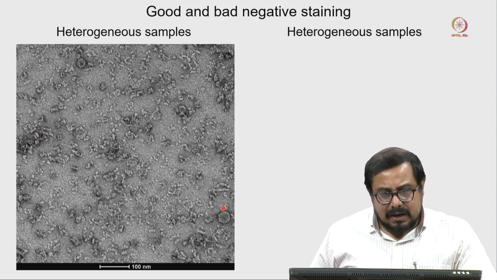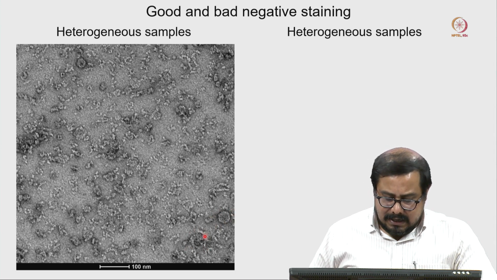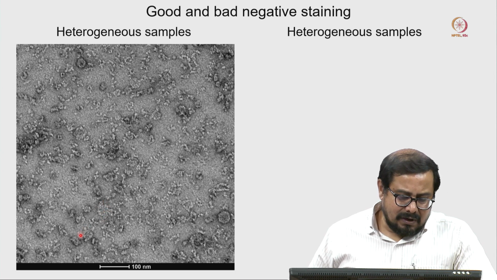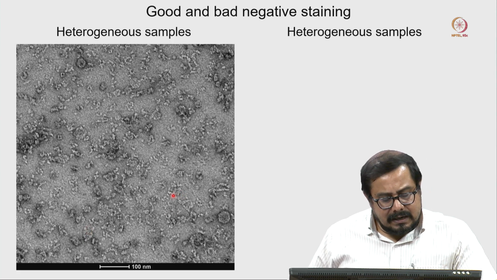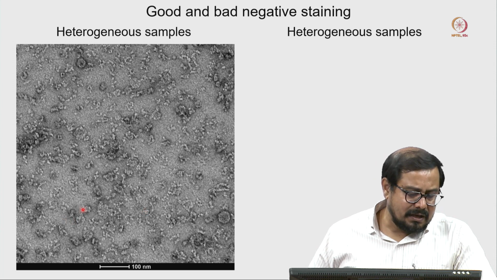In some areas you can see large molecules, and in some areas many things are clustering together. Here you can see one black patch, and one very large molecule here, another large molecule here, and again some small molecules here and here.